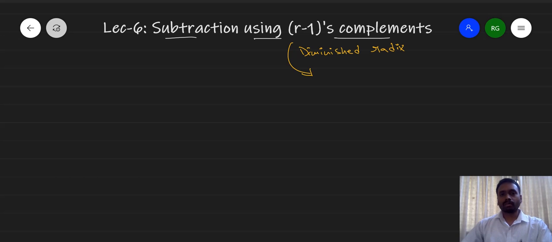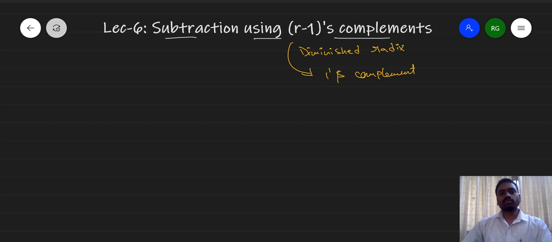For the binary number system, that is, if you want to perform the subtraction between two binary numbers, the r-1's complement is nothing but 1's complement. That means we have to use the 1's complement in subtraction of two binary numbers.